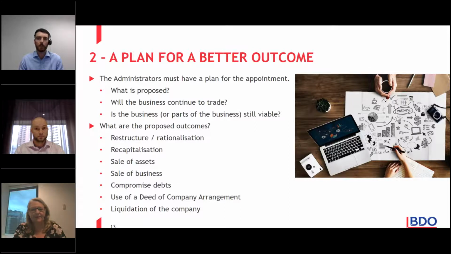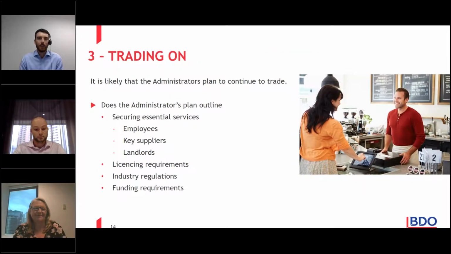The DOCA outlines who gets paid, how much, when, and what the source of funds are. The company often continues in its restructured form, and it may release the company from some debts. So that's all I wanted to mention about DOCA at this stage, because we're going to continue on to question 3, which is trading on.